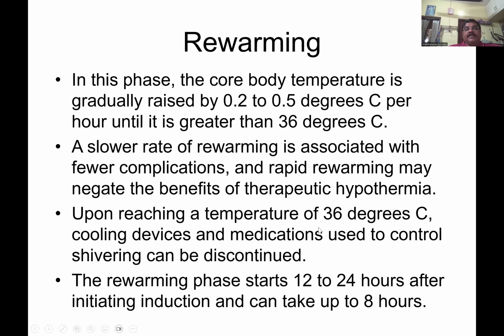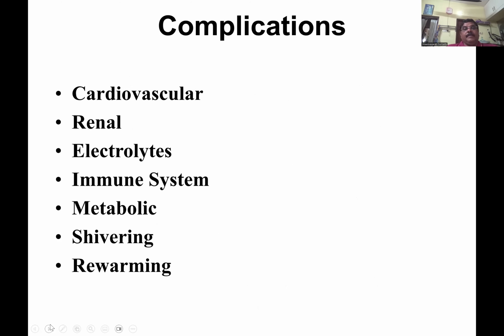Upon reaching a temperature of 36 degrees centigrade, cooling devices and medication used to control shivering can be discontinued. The rewarming phase starts 12 to 24 hours after initiating the TTM induction, and it can take up to 8 hours. So we have to do the rewarming very slowly.